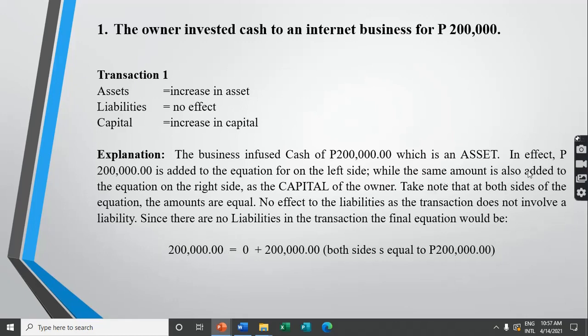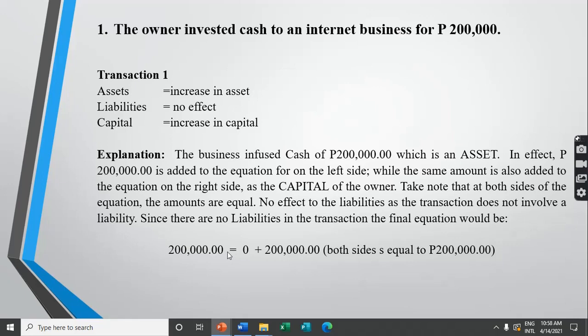While the same amount is added to the equation on the right side, as the capital of the owner, so 200,000. Take note that on both sides of the equation, the amounts are equal. May 200,000 siya dito, may 200,000 din siya dito. So, balance, tama? No effect to the liabilities as the transaction does not involve a liability. So, wala namang utang dito na ni-state. Nag-invest lang siya para sa business, which is the amount of 200,000. Okay?